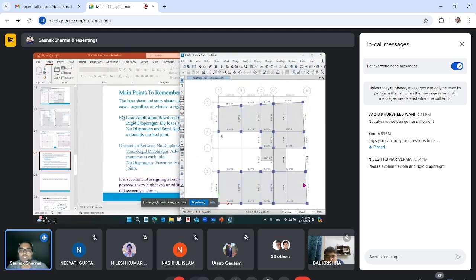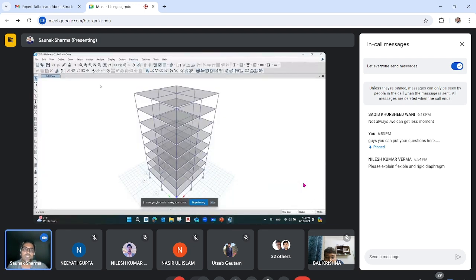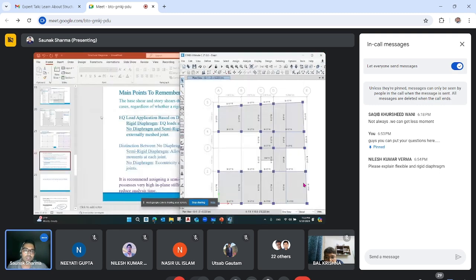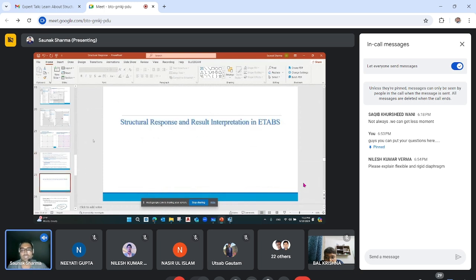Now deflection will be a little bit, lateral load distribution will be a little bit difficult here. So wherever you see that lateral load distribution is difficult, you apply a semi-rigid diaphragm. But if it's clean like this building, then you can apply a rigid diaphragm. Okay, this is for rigid diaphragm.